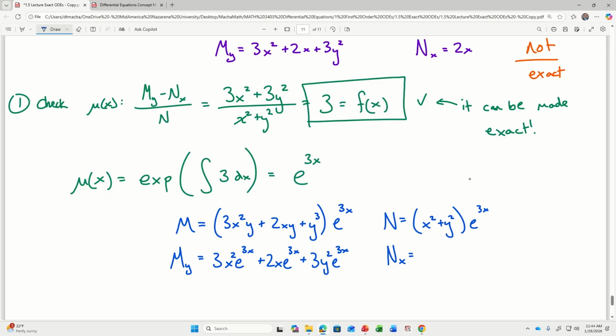And then over here on the right side, the partial with respect to x would have to do the product rule, which would be 2x e to the 3x plus 3x squared e to the 3x, plus y squared e to the 3x would have partial derivative with respect to x, 3y squared e to the 3x.